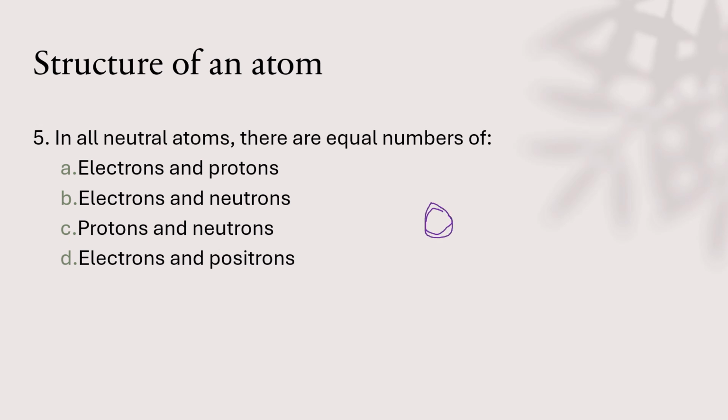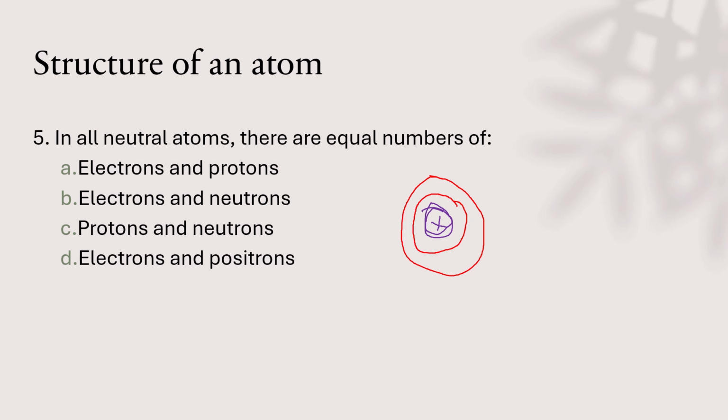Protons are positively charged, making that nucleus positively charged. Neutrons are neutrally charged, no charge at all. And then we have the electrons, which aren't in the nucleus, but are surrounding the nucleus in an electron cloud, orbiting it essentially.